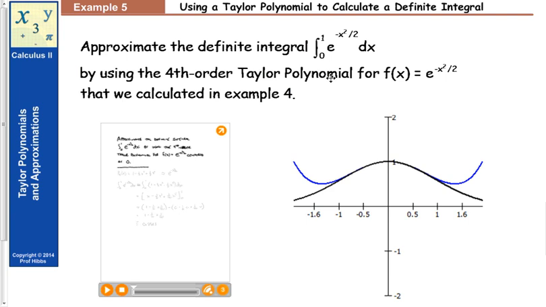We don't have a way to calculate the integral of e to the power negative x squared over 2. We just don't have a way of doing that. And that is another way these things come in handy, is that we can use these polynomials to approximate an integral that we wouldn't otherwise be able to do. So that would be an interesting video to look at, I think.